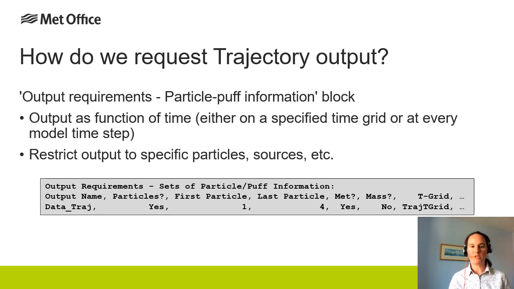We can also restrict the output, say, to a specific source. So if we're looking at all sorts of different sources of pollution, we might actually only want to output the particle information, say, for the traffic sources as opposed to the industrial sources. And we can also request different things from the particles. So in this case, you can see that we've requested the metadata here, and we've asked for no mass data.